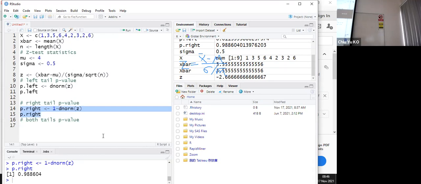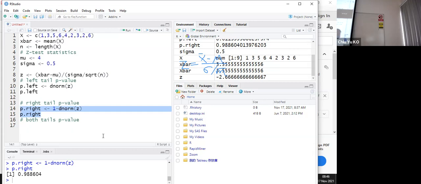So when the left tail is actually 1%, the right tail is actually 98%, because they're complements of each other. The p-values of the left and the right tail should add up to 1, so that's why it's 1 minus. This is the area to the left of the Z.